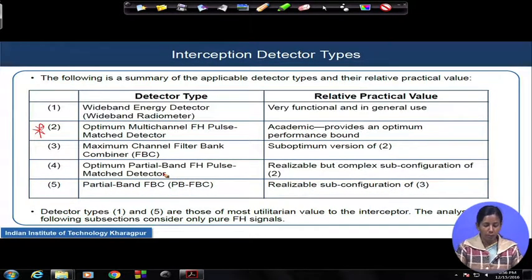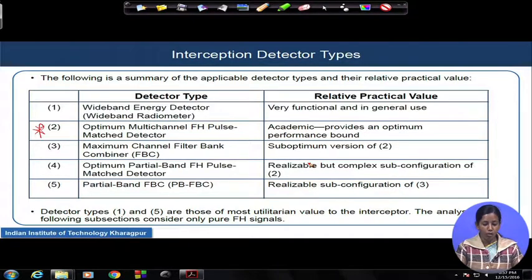This is the optimum partial band frequency hopping pulse matched detector, which is the realizable version of number 2 I should say, but it is a complex sub-configuration. It is realizable, but its complexity is a little bit reduced compared to 2, though higher than number 5.